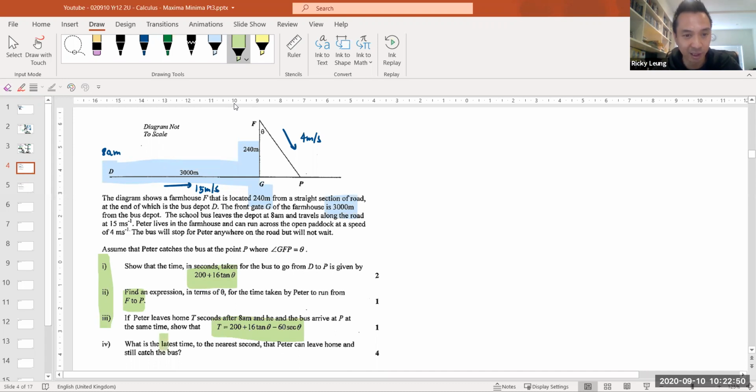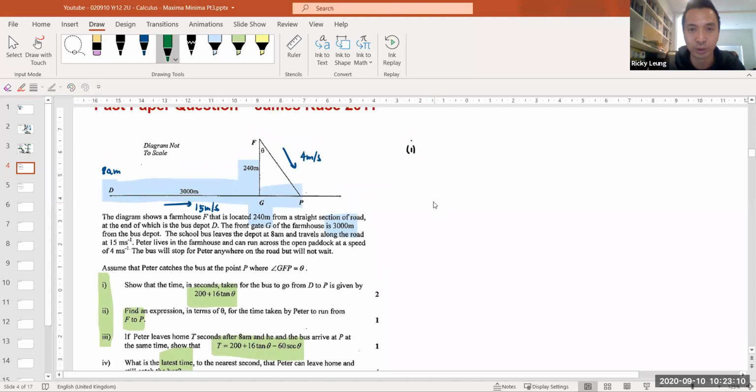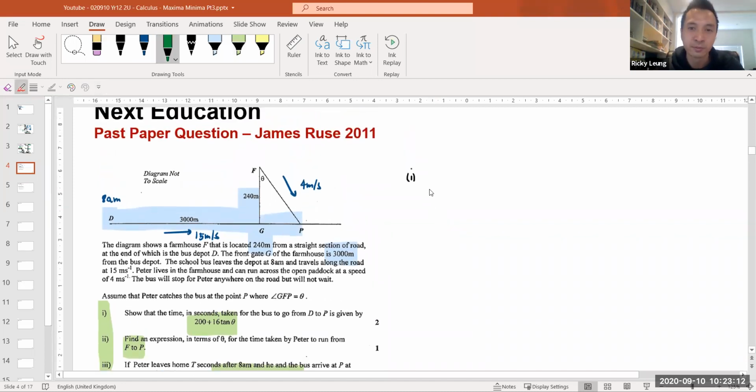What is the latest time to the nearest second that Peter can leave? Okay, let's see this. So part one, show that the time for the bus from D to P is given by that. Now, before we do anything, just like the last question, whenever we talk about time and speed and stuff, I know that speed equals distance over time, which means if I switch that around, time equals distance over speed.